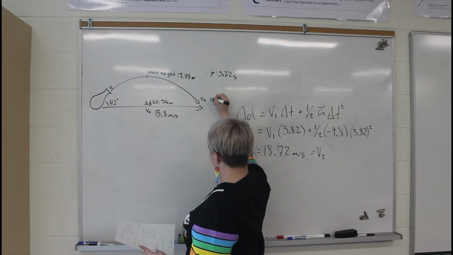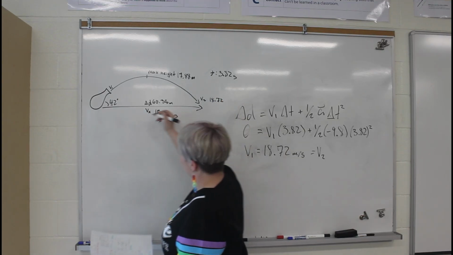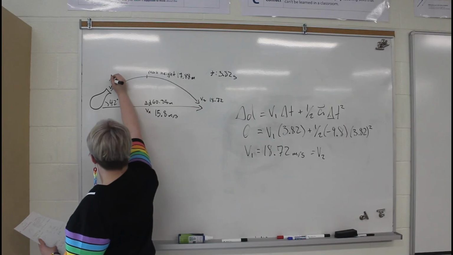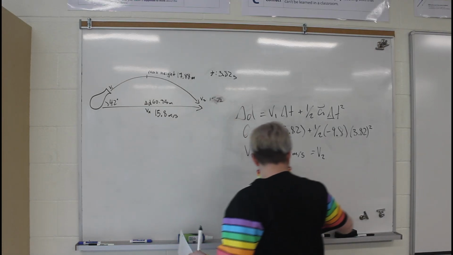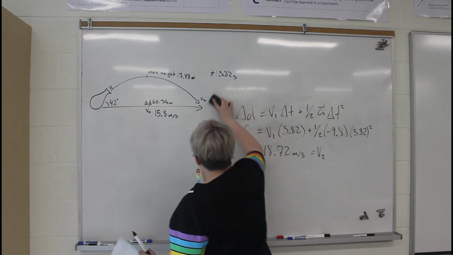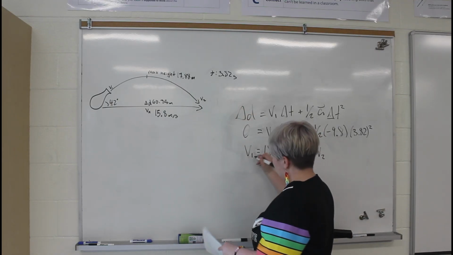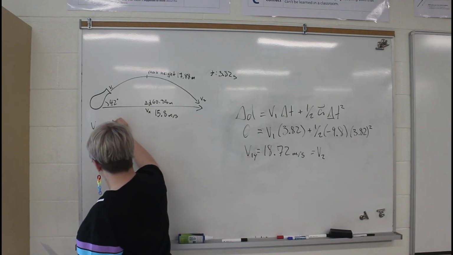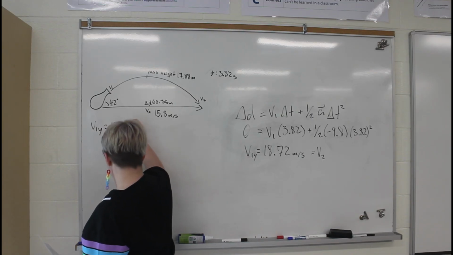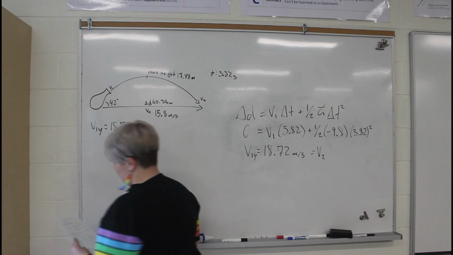So 18.72, and no, that's not right there. This is just for the y, so this would be V1y. Which we'll write down here as V1y equals 18.72 meters per second.